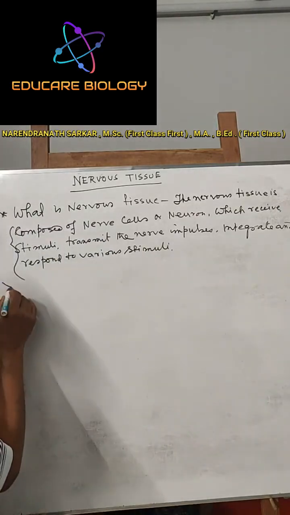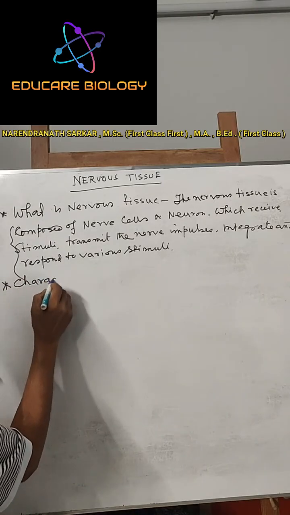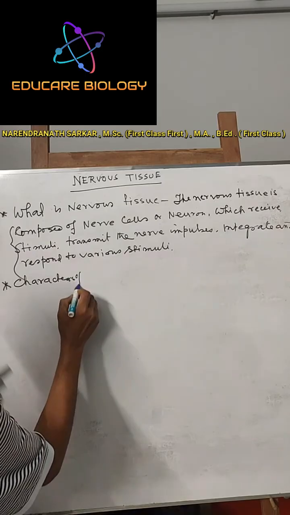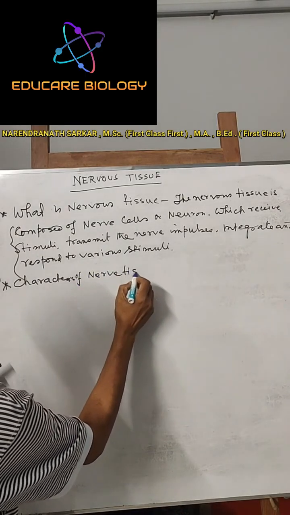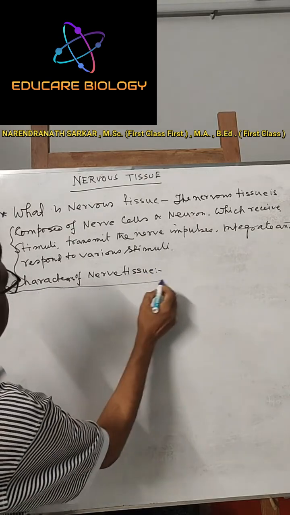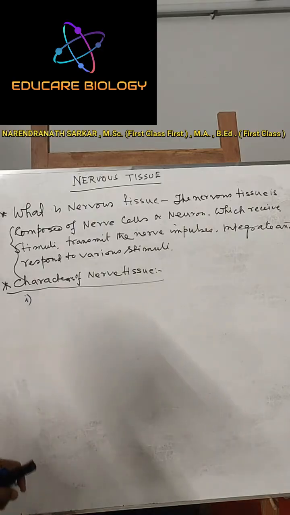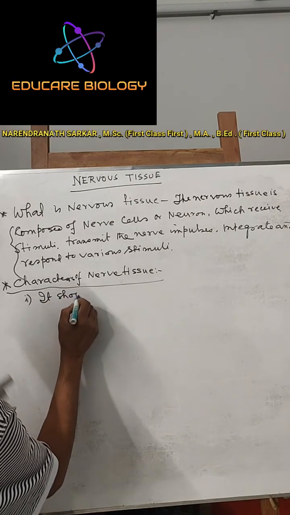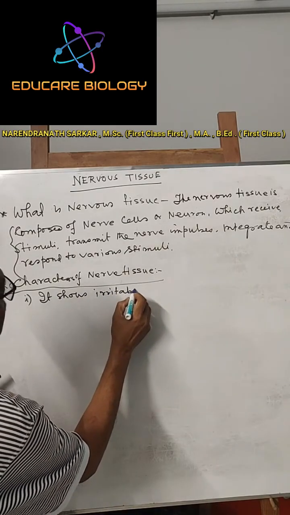Next, characters of nerve tissue. Roman 1. It shows irritability.